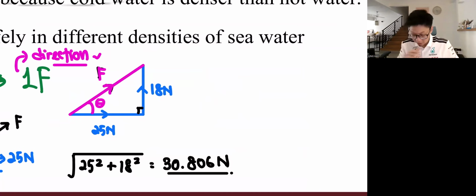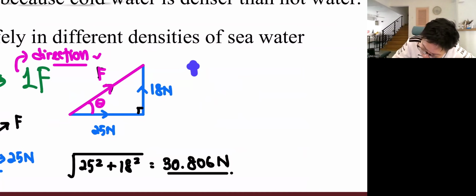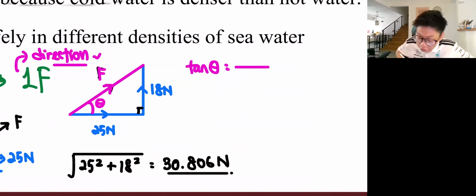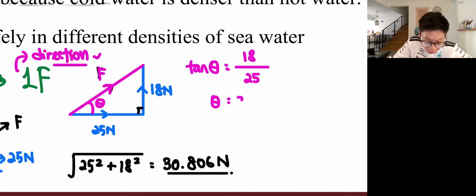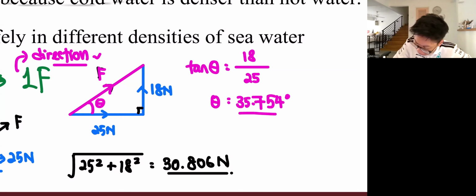Okay, so how do we usually find this? We have to use something we call the tangent theta. Now I'm glad that most of you know how to do this. We will use opposite over adjacent, 18 over 25. So we're going to do shift tangent 18 over 25. So my theta equals 35.754 degrees.